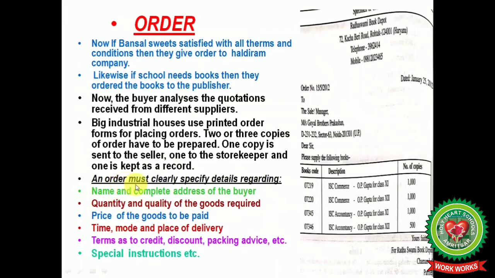While preparing an order letter, the things that are specified are the name and complete address of the buyer, quantity and quality of the goods required, price of goods to be paid, term, time, mode and place of delivery, terms as to credit, discount, packing advice, and the last one is special instructions. So these are the things that are provided in an order letter.